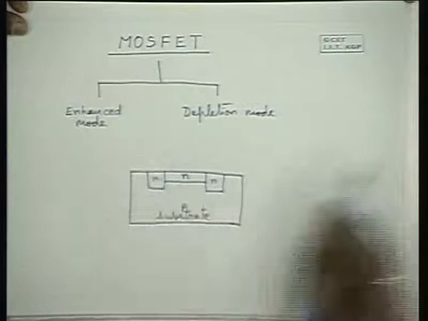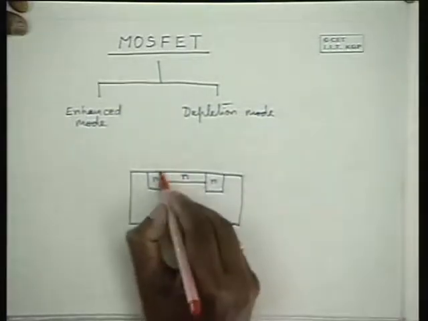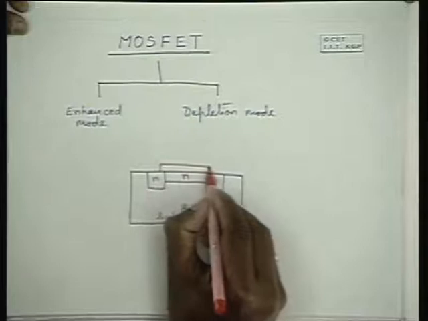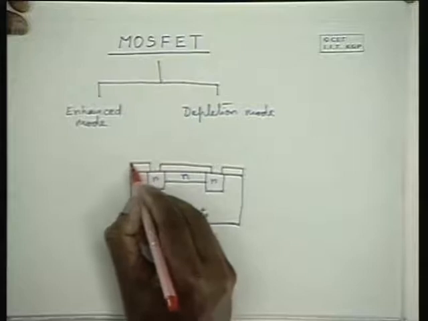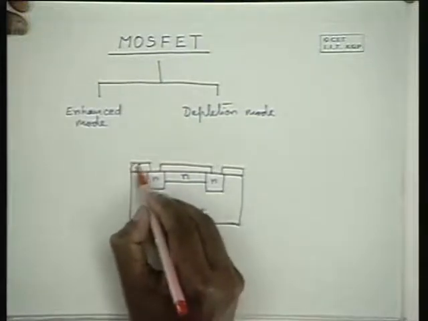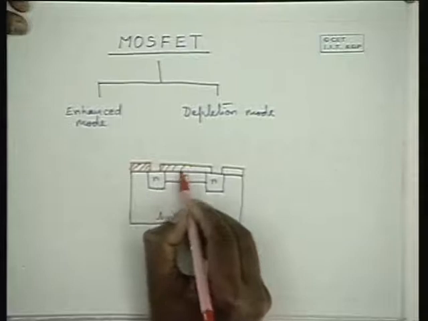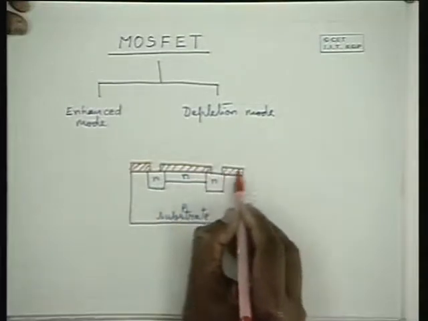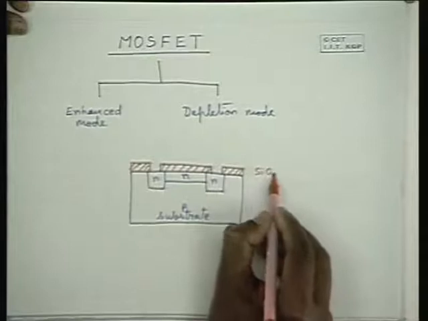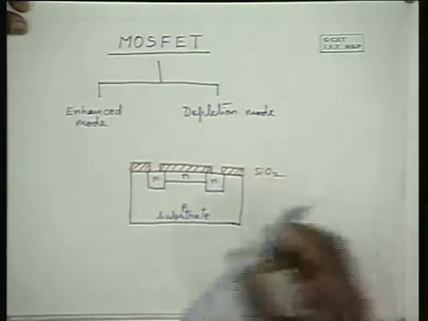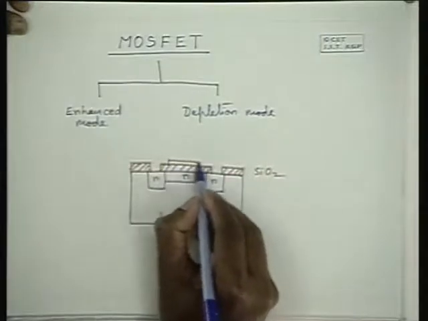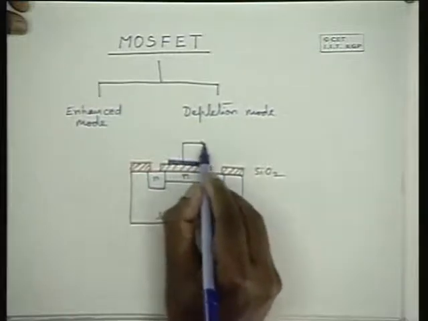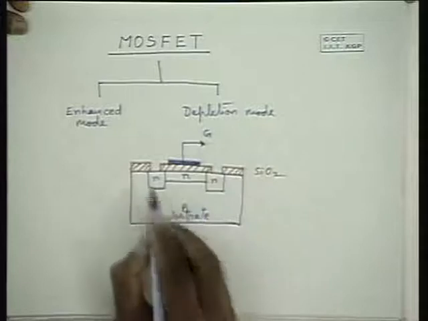And then you have a thin layer of silicon dioxide coating over it. It acts like an insulator. So this is the silicon dioxide coating over the channel, and you have metallization over it and take it out as the gate.